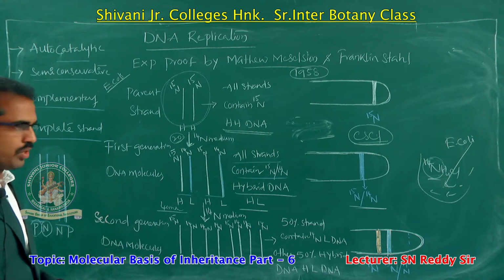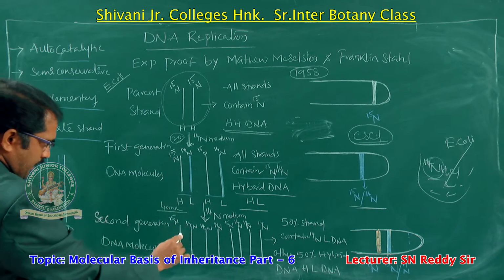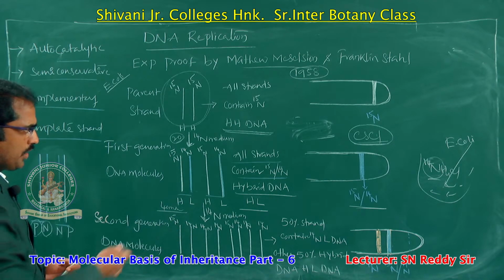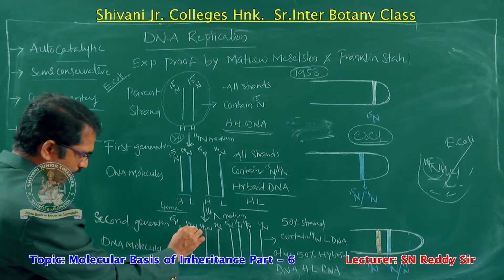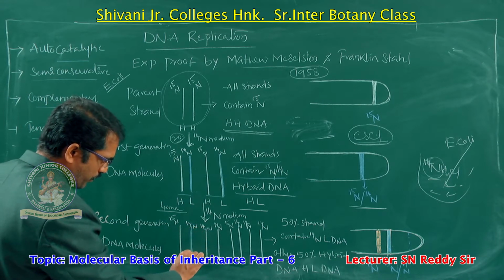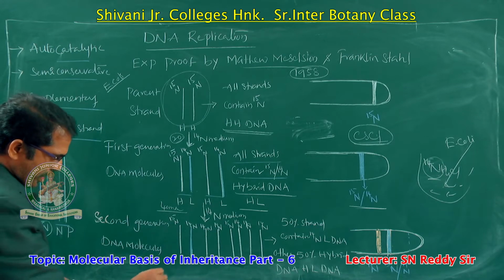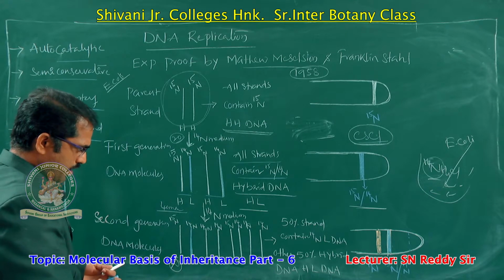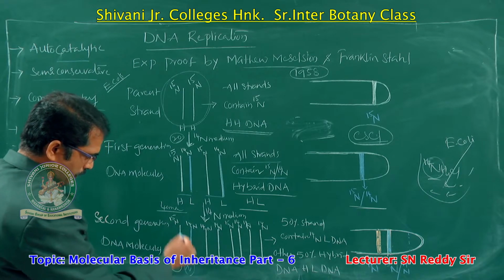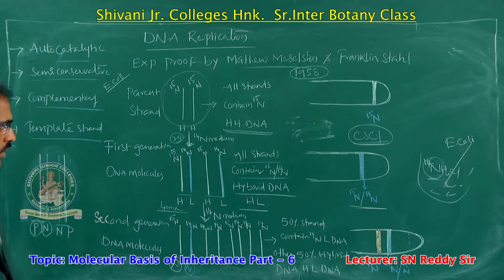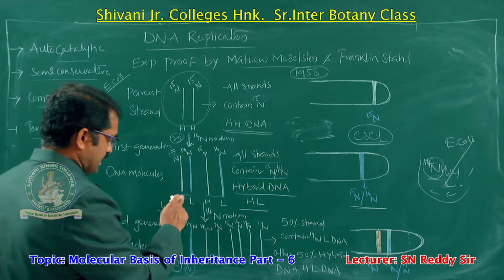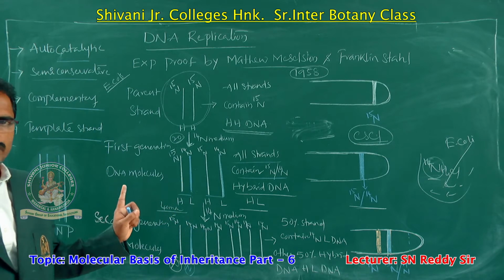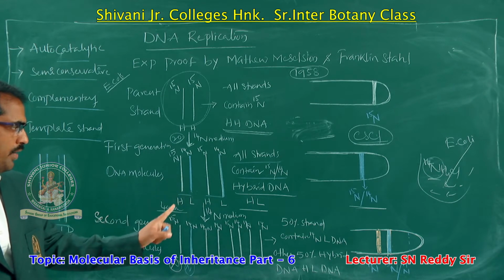In the second generation you observe, this is the parental strand. This parental strand will synthesize the new strand, that is N14 only, because the medium is N14. One is the parental strand, the other one is the new strand. Then these heavy light DNAs both undergo replication, because both act as a template strand.